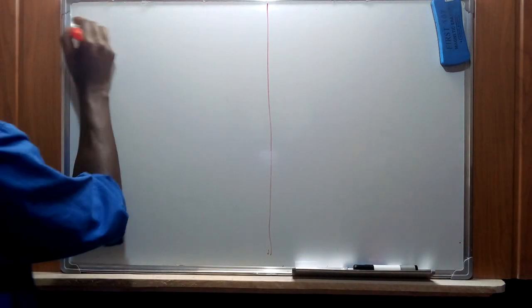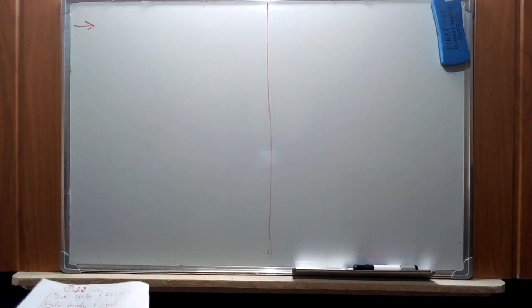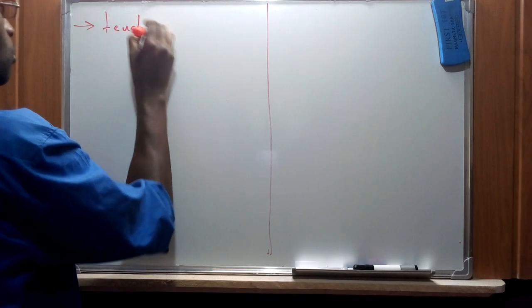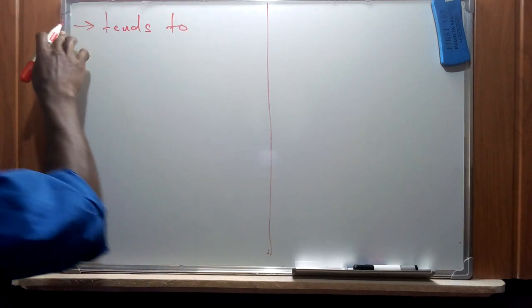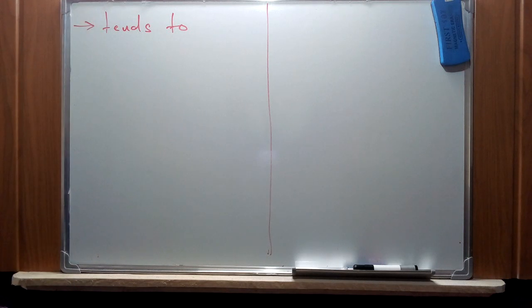So the first symbol that we're going to look at is still this arrow. Now in case this arrow appears in our discussions, maybe in an expression, then this one refers to tends to. So maybe if it is m to n, then I can say that m tends to n. So that is what it refers to.